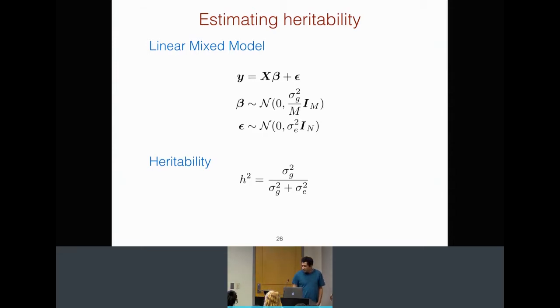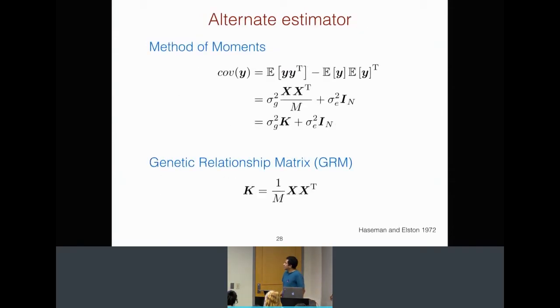So let's look at the second moment, the covariance. We can write down the covariance of y, and with some algebra we can relate the parameters: sigma g appears here, sigma e appears here. So if I can estimate the covariance of y, then I can fix values of sigma g and sigma e so that they best match the covariance.